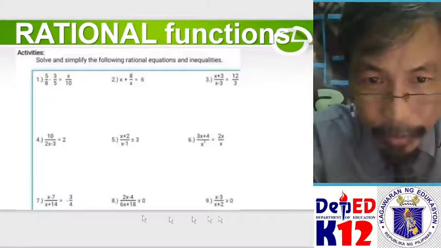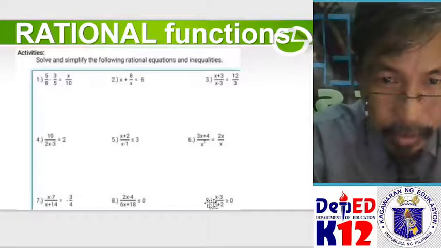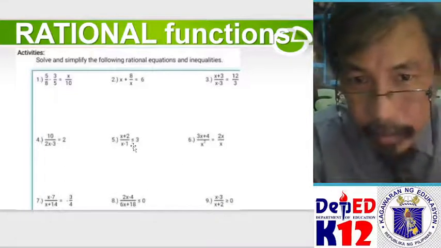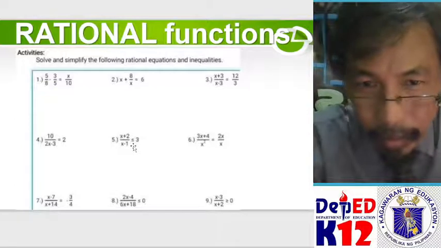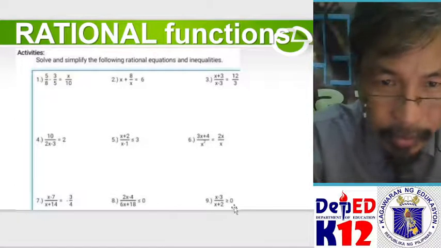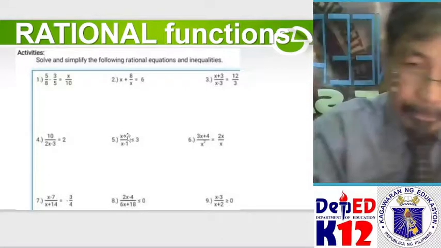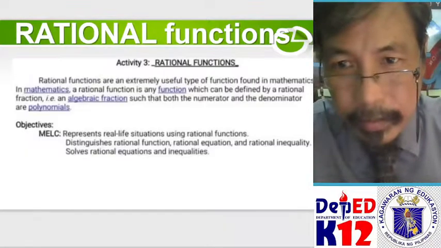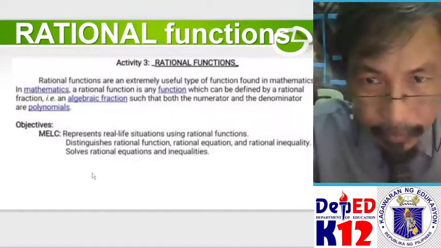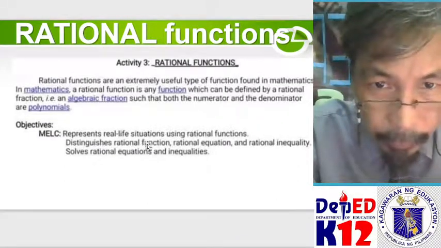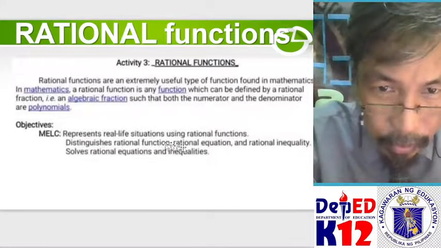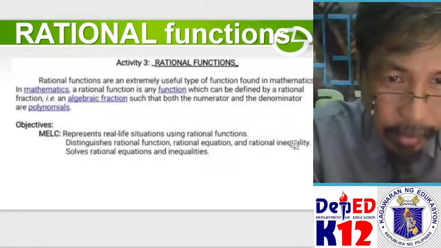Rational inequalities are those using the symbols greater than or equal, or less than or equal. Those are the different terminology. You can see at the objectives: distinguish rational function, rational equation, and rational inequality.